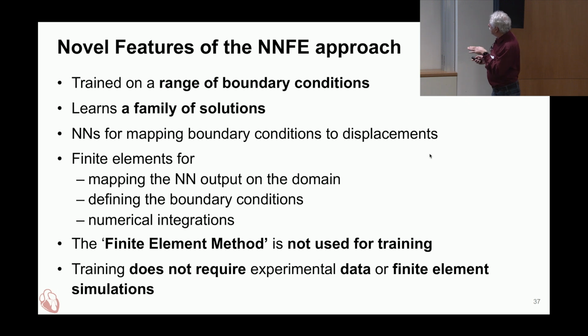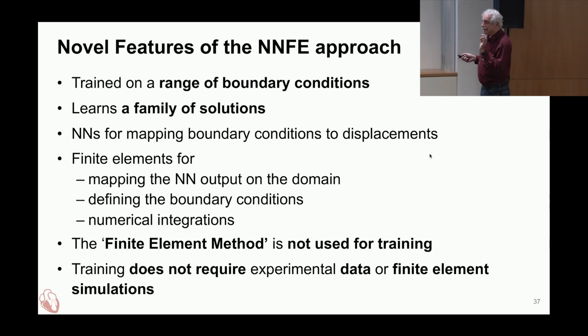Just to be clear, and I don't want to get into the PINNs arguments about what you call it, it's not PINNs. PINNs is really mainly if you have data, and the idea of using neural network solved PDEs, like I said, is very old. So what we call it is basically this: we learn families of solutions over ranges of boundary conditions.